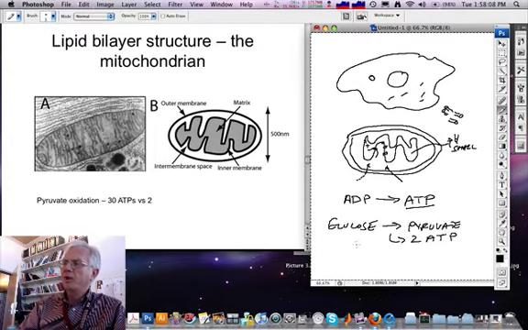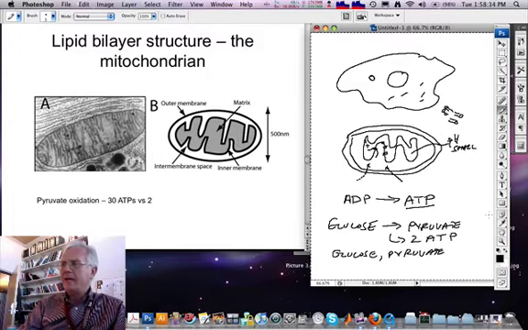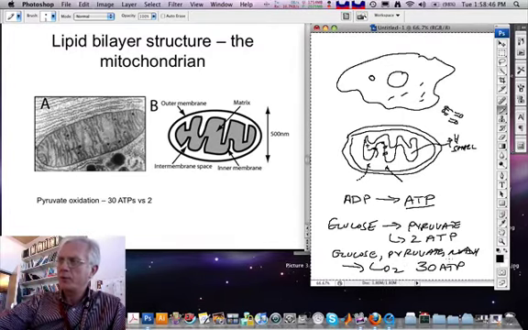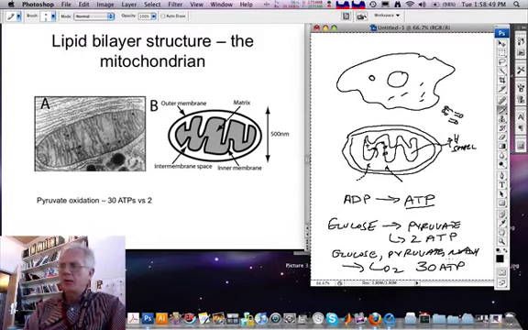However, in the presence of mitochondria, glucose, pyruvate, and another very important material that's found in the cytosol called NADH, are oxidized all the way to carbon dioxide, and in so doing produce 30 ATP molecules, where 2 had been produced in the absence of mitochondria. So a remarkable self-assembled nanostructure composed of amphiphiles.